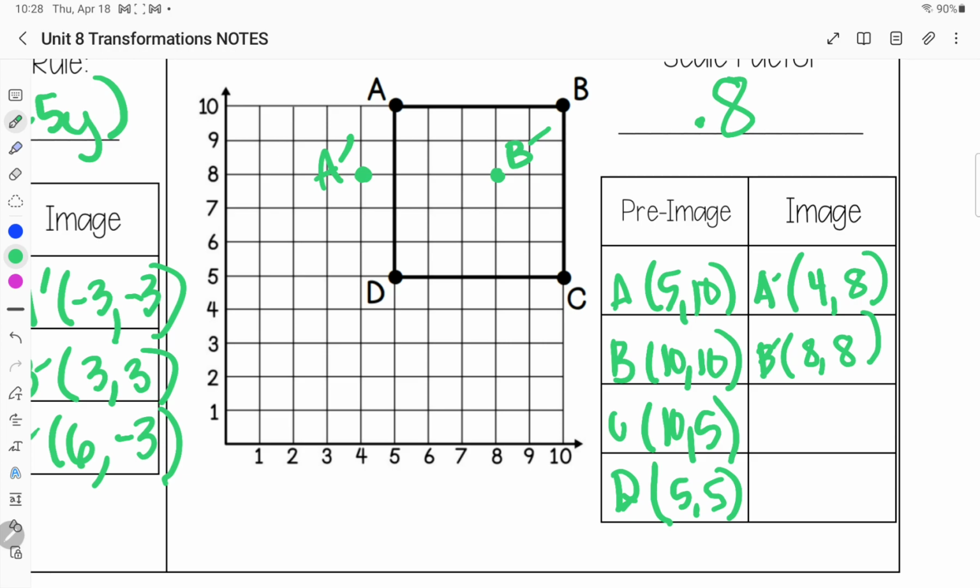B prime. And then C prime, 10 times 0.8 is 8, and 5 times 0.8 is 4. So this would become 8, 4. And my last one would become 4, 4.